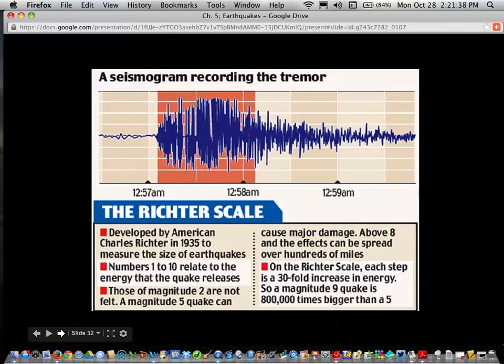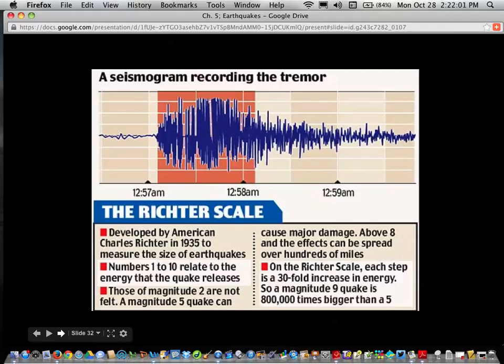The Richter scale was developed by Charles Richter in 1935, and it goes from 1 to 10. The interesting thing to remember about the Richter scale is that each step, like from 1 to 2 or 2 to 3, is a 30-fold increase in energy.